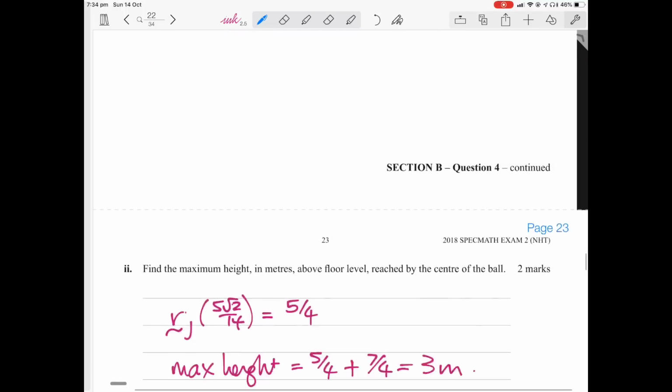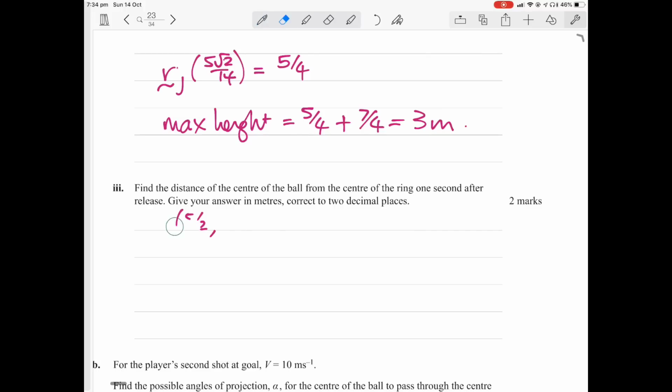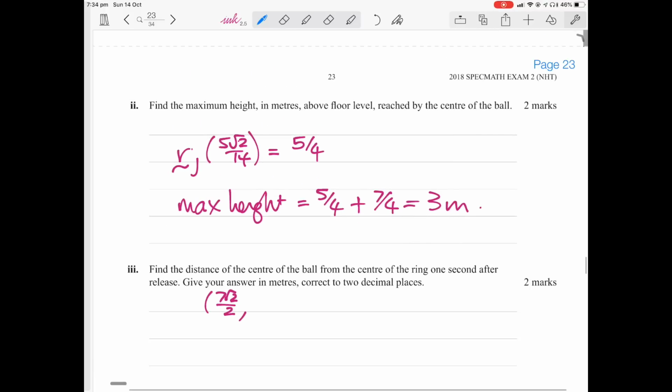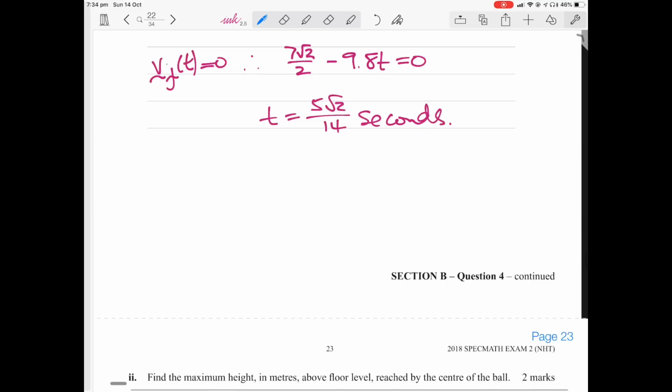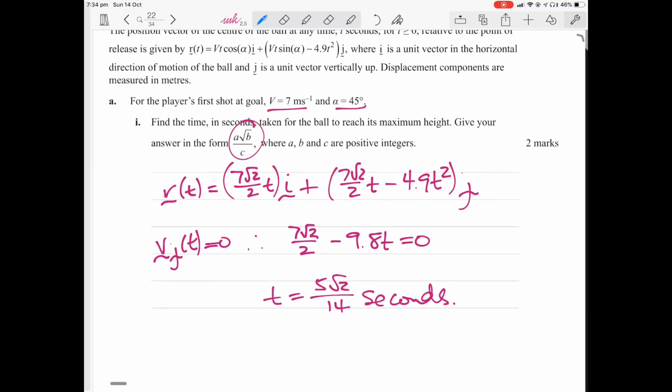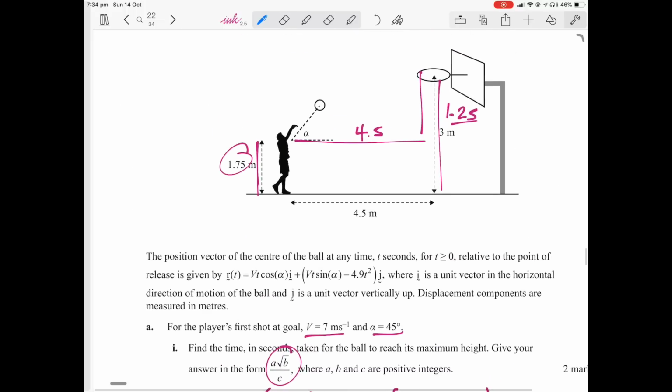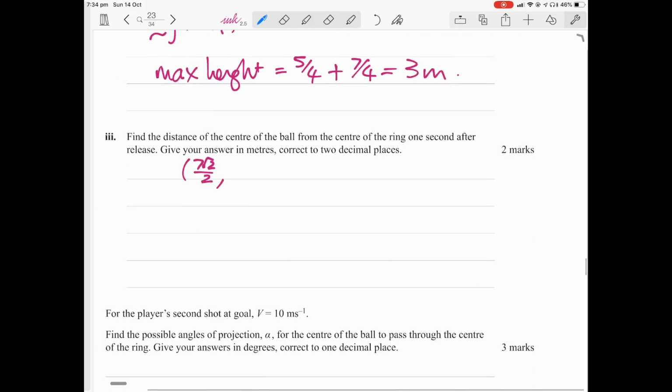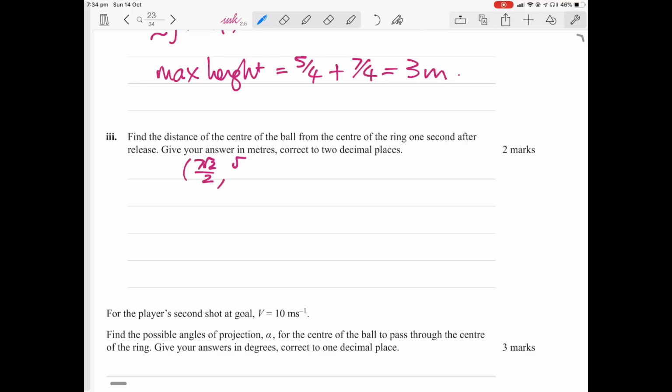So I get 7 root 2 on 2, comma. Now after 1 second, it's 7 root 2 on 2, minus 4.9 and then plus 1.75.